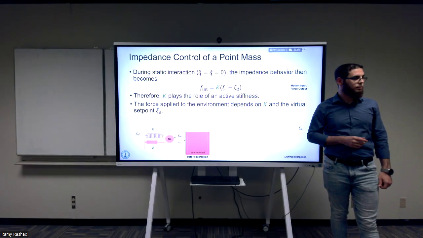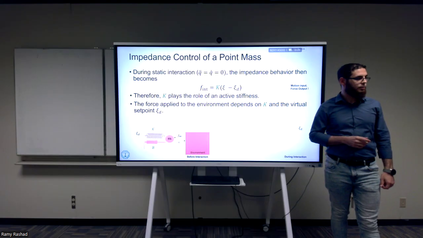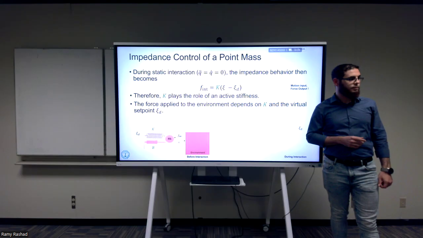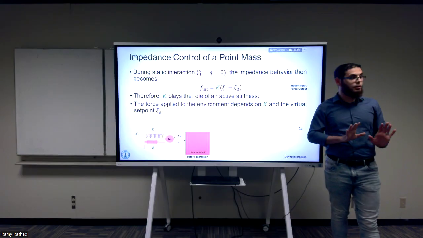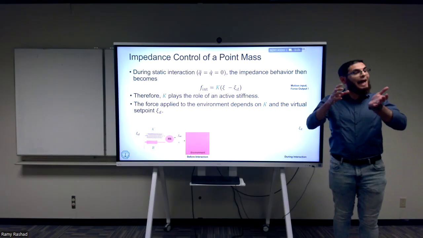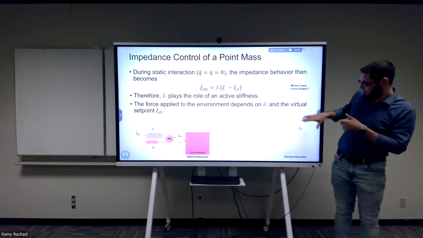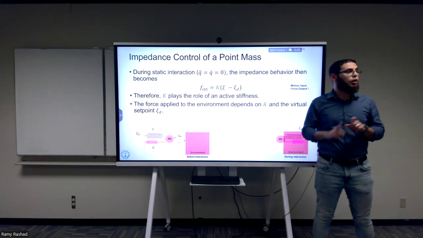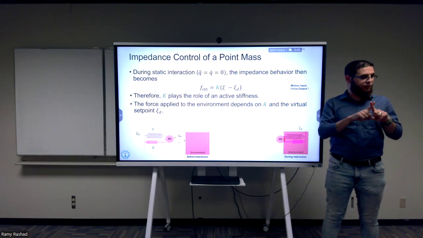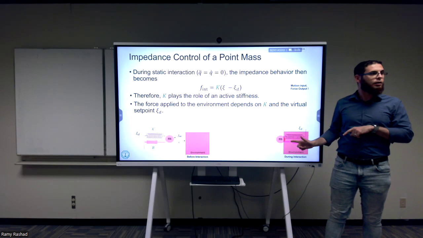Is it changing according to the interaction force that I'm measuring? There is no measurement here. I'm saying the actual interaction force that you have in the system is given by this value, provided, and there's an if here, that you're not actually moving.